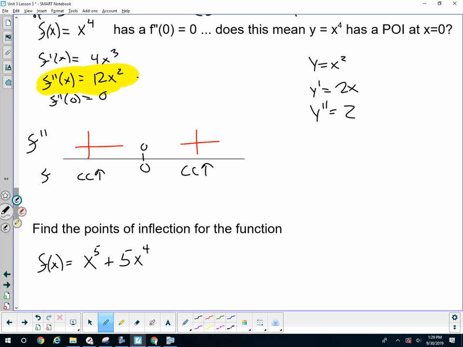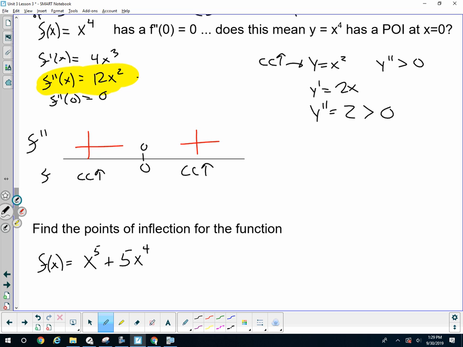Concave up. This is very important, and a lot of people miss this because they are confused about this constant. 2 is a positive number, right? So for y equals x squared, its second derivative is positive everywhere. This graph is concave up everywhere.